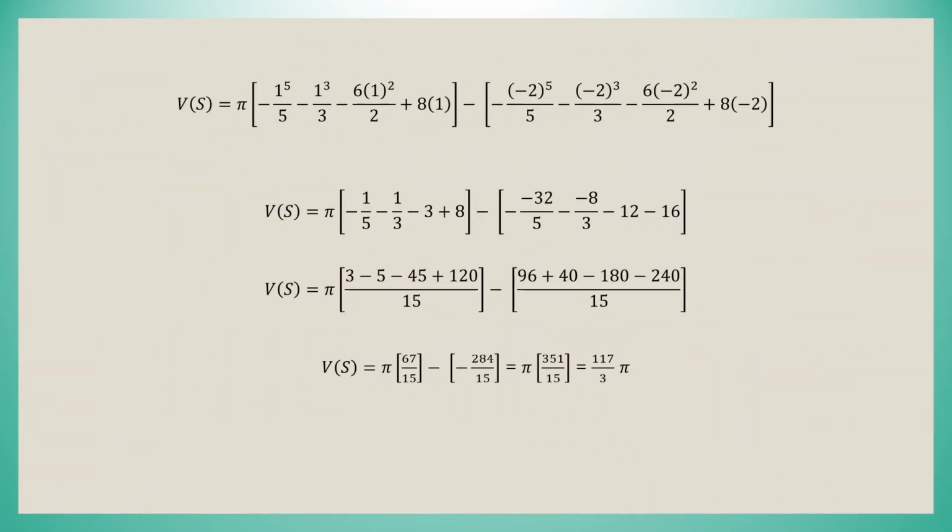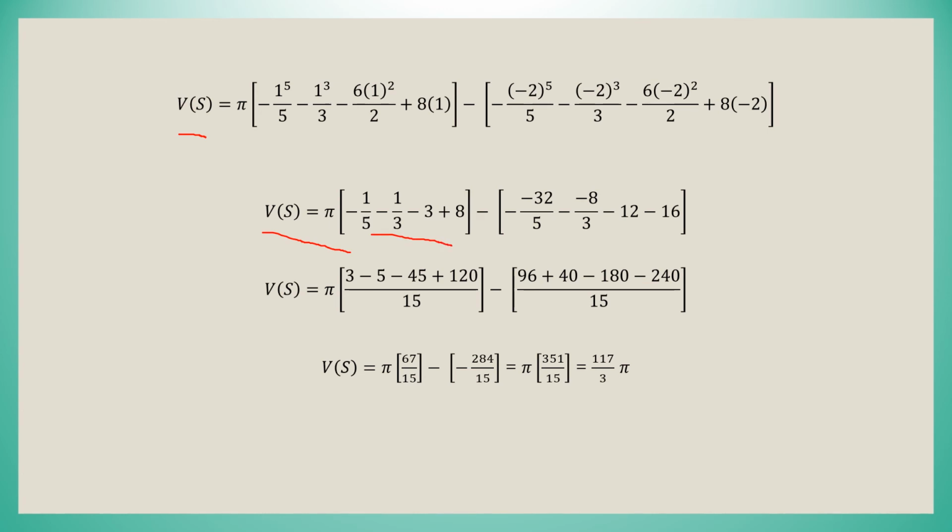So next, the volume of S is equal to pi times 1 over 5 minus 1 over 3 minus 3 plus 8. So we have this equation.